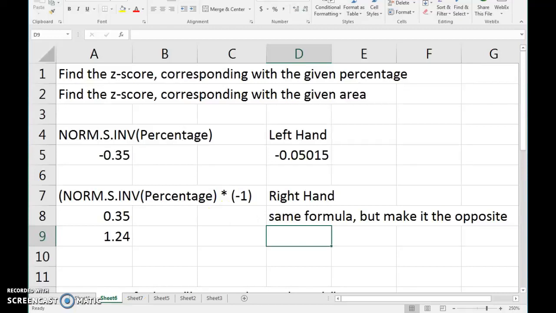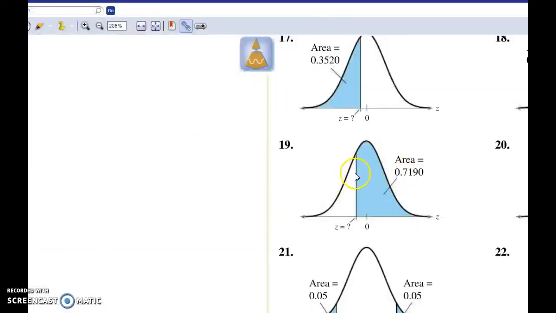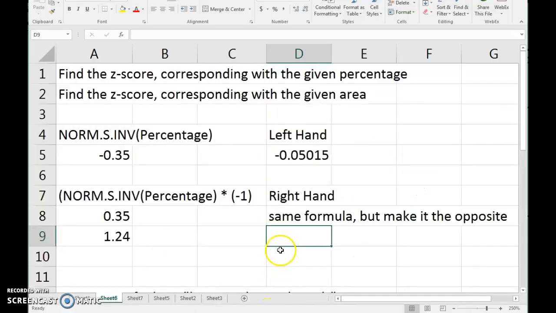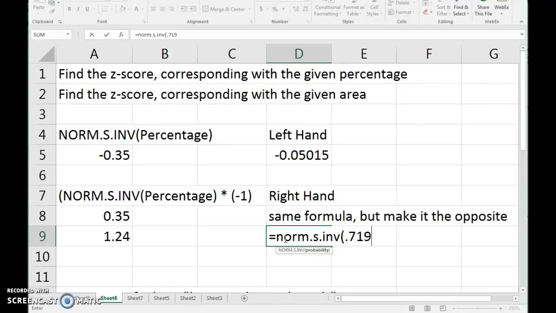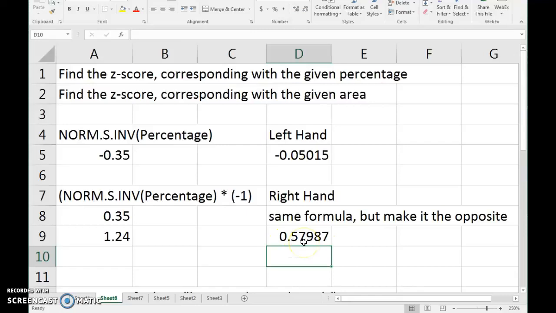So for example, this problem right here, we're trying to find the z-value that marks 0.719 being to the right of it. So if I came into Excel, I would use norm.s.inverse of 0.719. And that gives me a positive answer back. And so the correct answer for being to the right-hand tail would be the opposite of that. So -1 times my answer there.